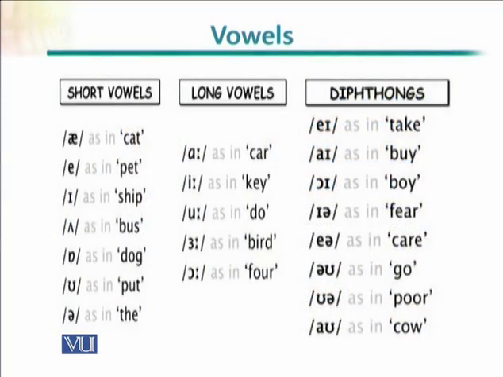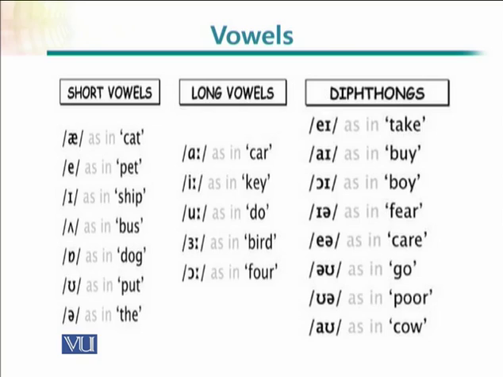Let's have a list of short vowels, long vowels and diphthongs in order to understand various sounds, the words which involve these sounds. You could see the short vowel sounds in the words cat, pet, ship, bus, dog, etc. and long vowel sounds in the words car, key, do, bird, for.